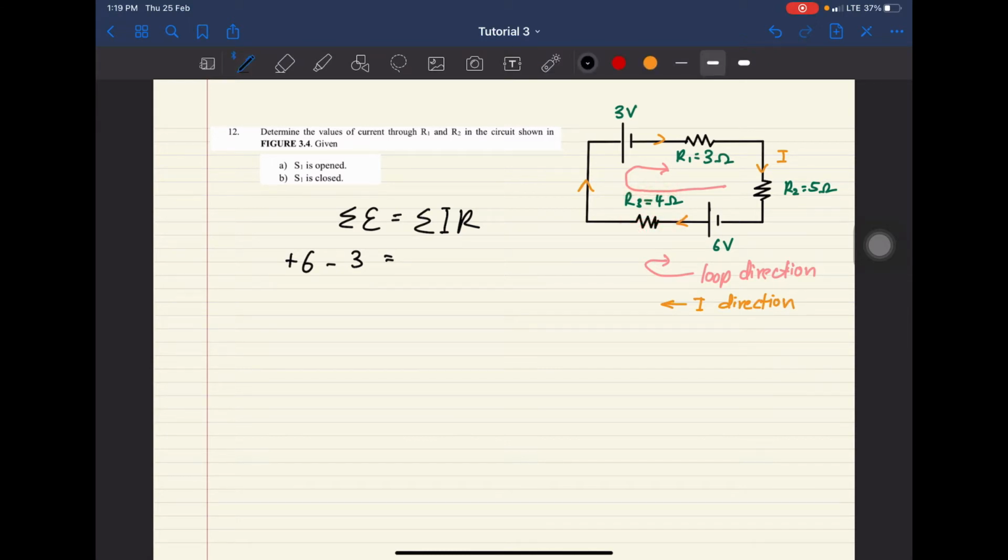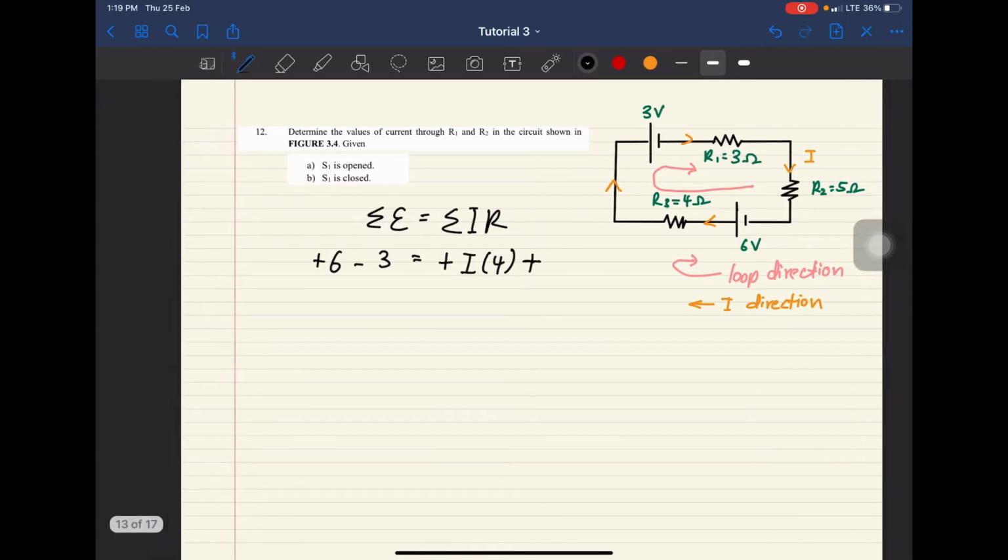So that one is positive, so positive IR. I just write it over here as I, and my resistor is 4. There's no junction. That means the current inside the circuit here is the same, so basically you only have one I. That's why the question wanted to find the current that flows through R1 and R2.